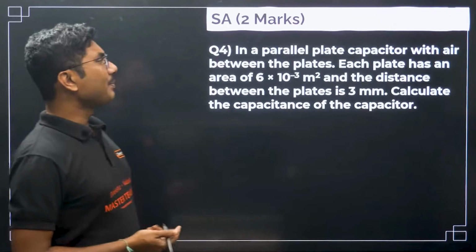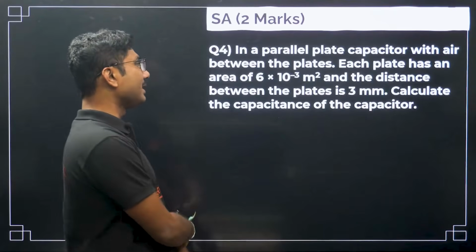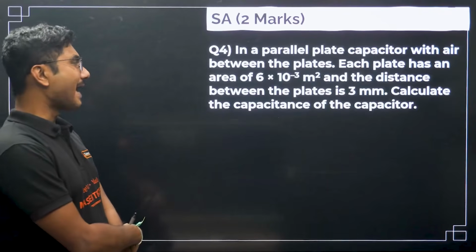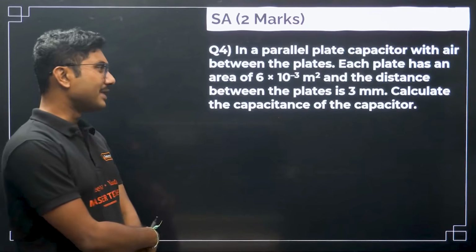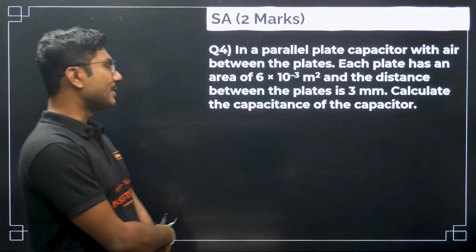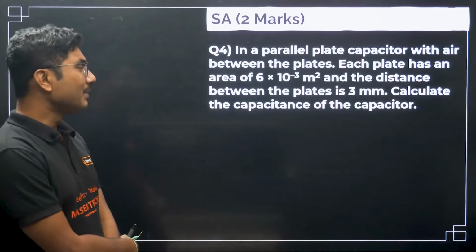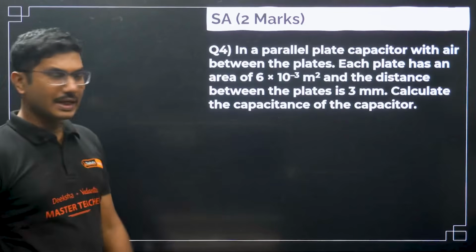In a parallel plate capacitor with air between the plates, each plate has an area of 6 into 10 to the power of minus 3 meter square, and the distance between the plates is 3 millimeter. Calculate the capacitance of the capacitor. So let's see.